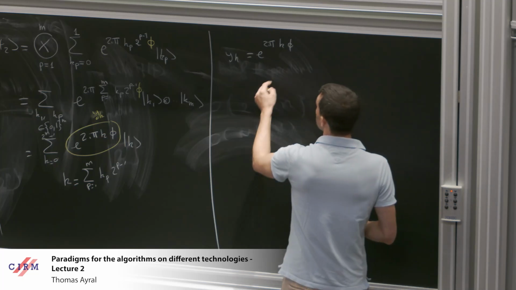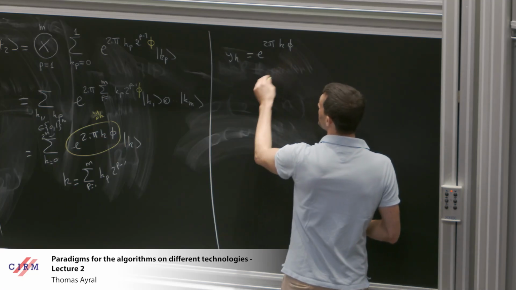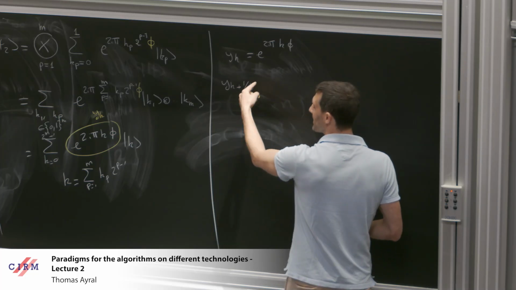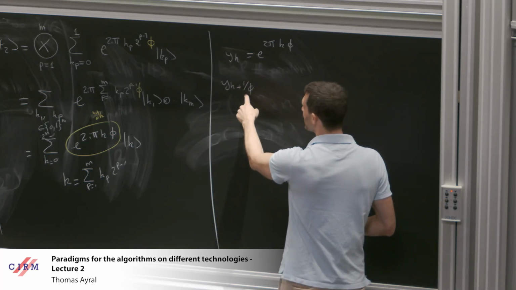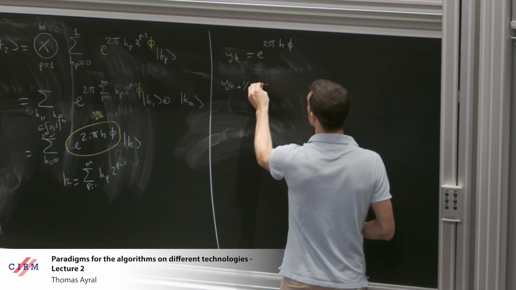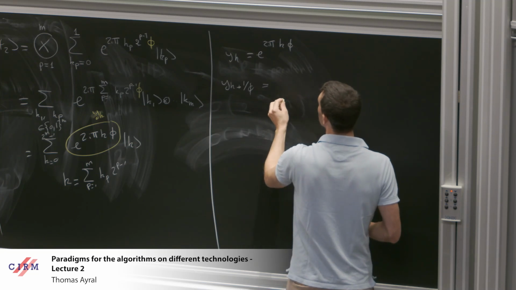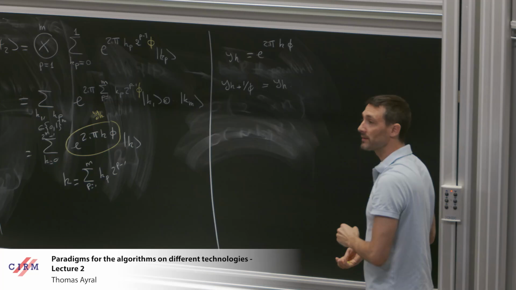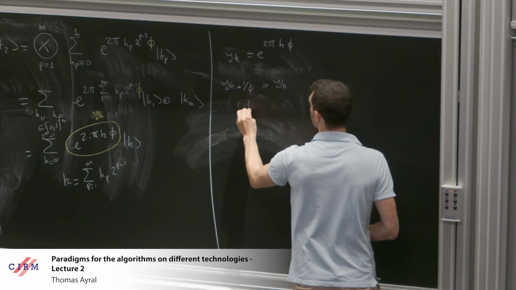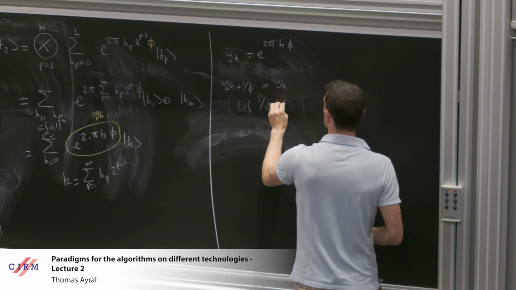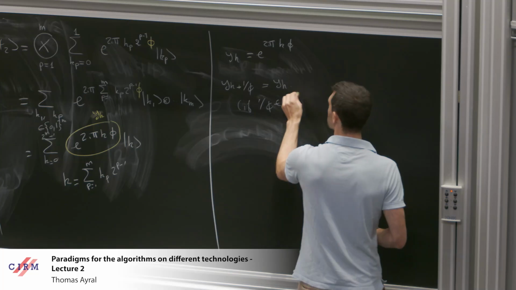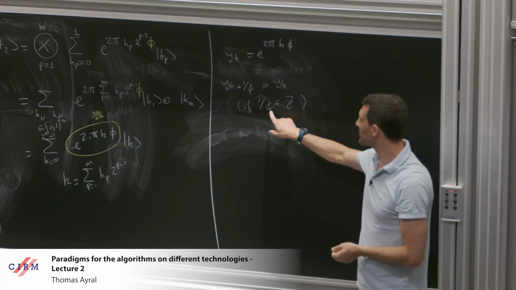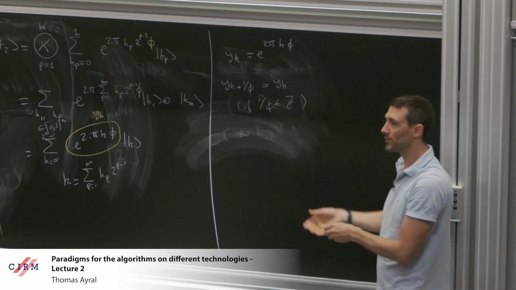So if I do k plus 1 over phi, which, it's a bit strange to do that because here this is not necessarily an integer, but let's do it anyway. Then you can see here that I recover y of k, right? So here, if 1 over phi is in Z, then I can do that. In practice, it's not the case, but I'm not going to do the full derivation for this point.